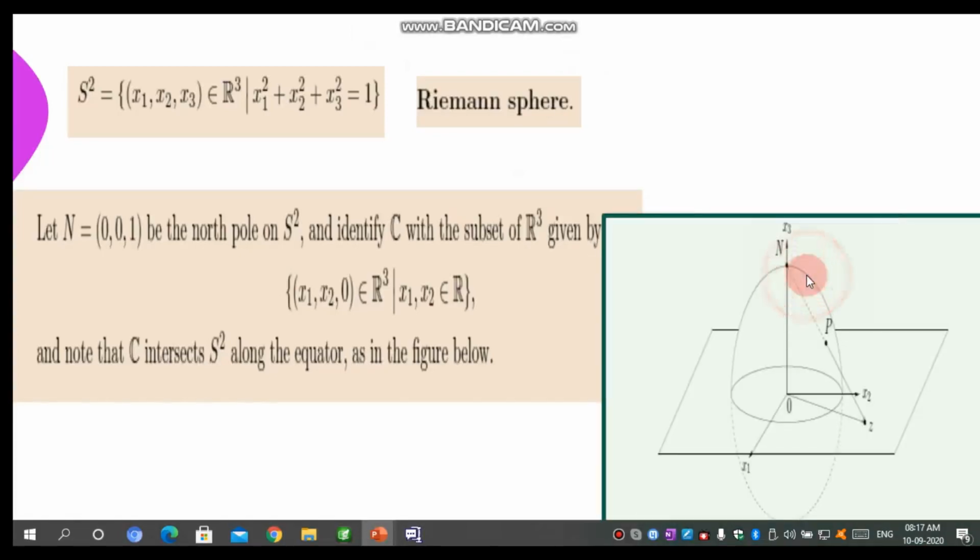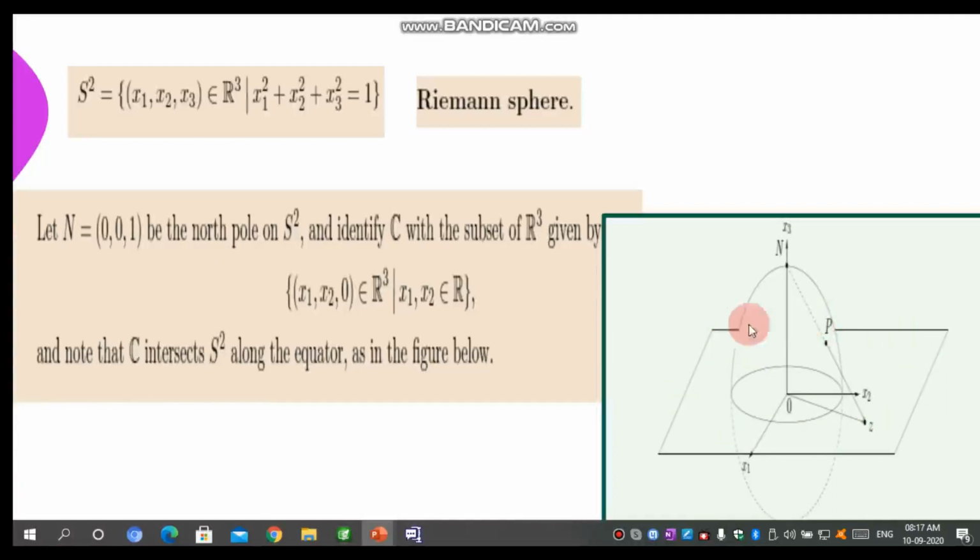You can see here, this is the sphere. This is the north pole, the point (0, 0, 1). This x1 is the real axis, and this is the imaginary axis x2.